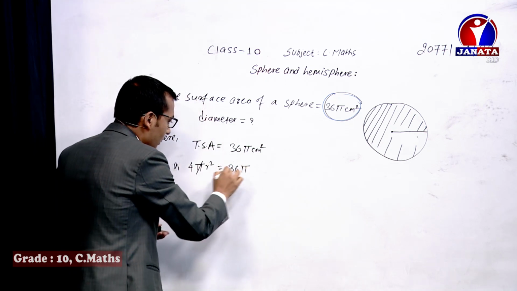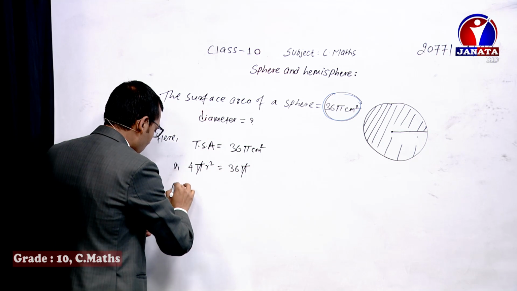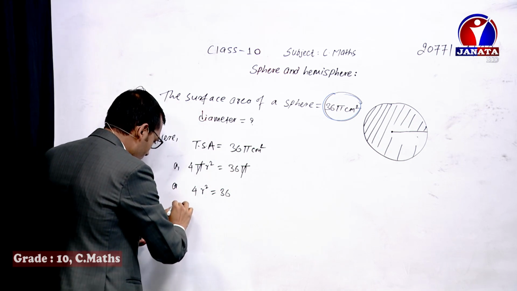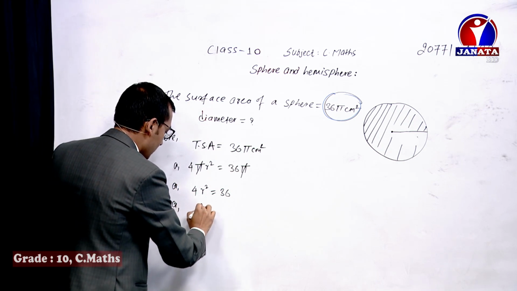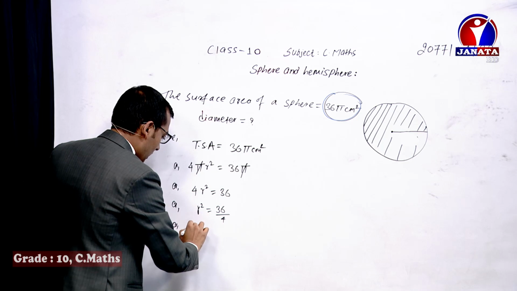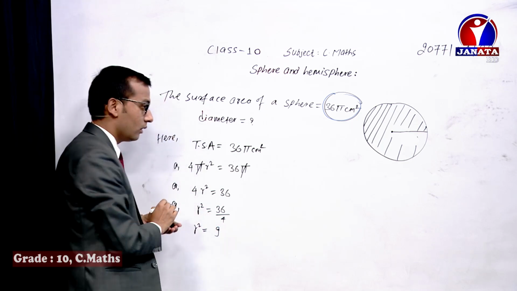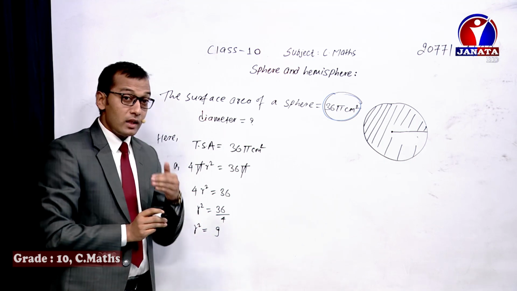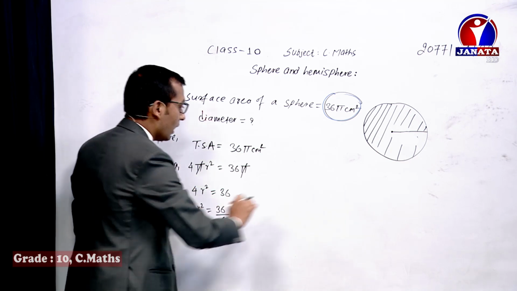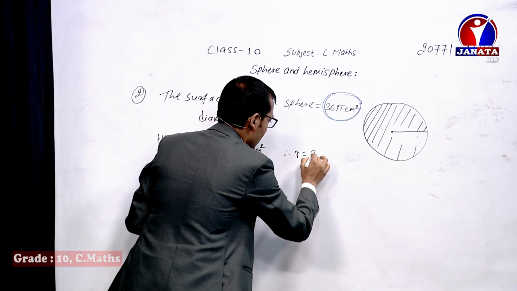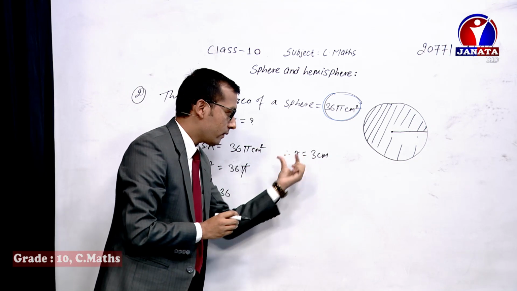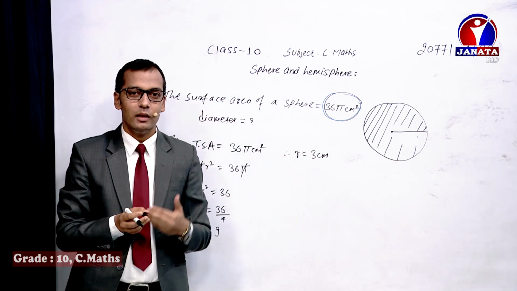We can cancel pi on both sides, so 4 times r square is 36, so r square is 36 over 4, which is 9. Now to find the radius we can take the square root on both sides. Therefore r is 3 centimeter.